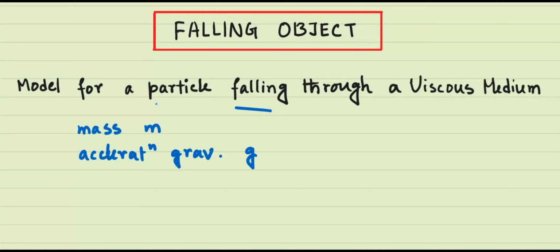In this case, I'll take it to be 9.8 meter per second squared, but in general I'll write just g, and if I need to substitute, then I'll substitute this value, otherwise I'll keep on writing g.